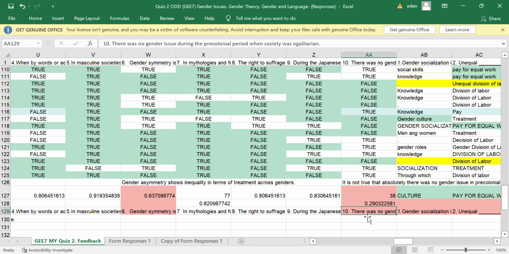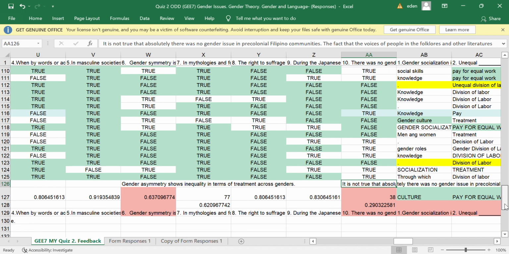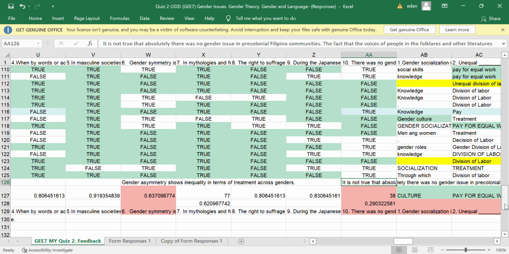It is false to say that there was no gender issue, because as we have discussed in class and you have experienced in your activities, even during the pre-colonial period, there was already an emerging question about gender division of labor and about how women were treated. So the answer here is false.